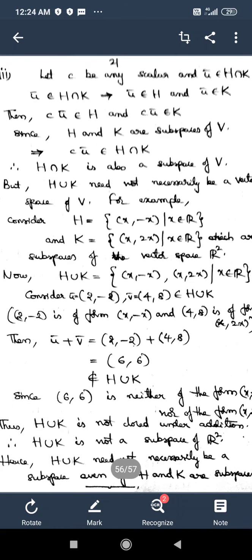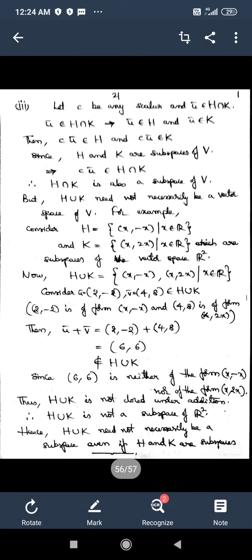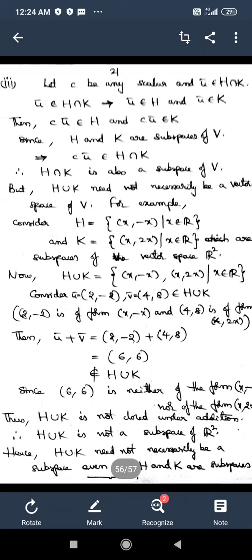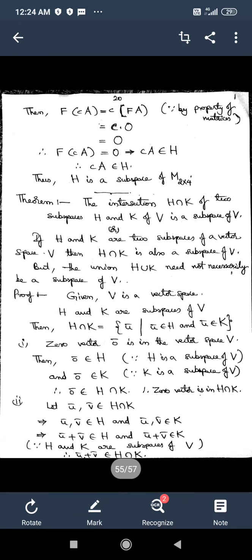So in general we can say that H union K need not necessarily be a subspace even if H and K are subspaces of a given vector space. So this is the theorem we have proved.